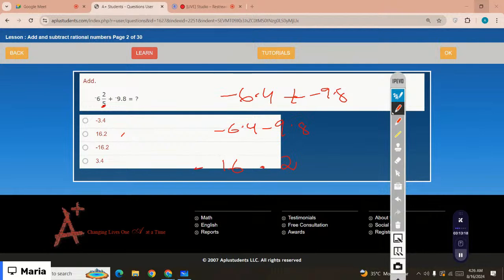So the correct option is negative 16.2. Option number 3 is the correct option.